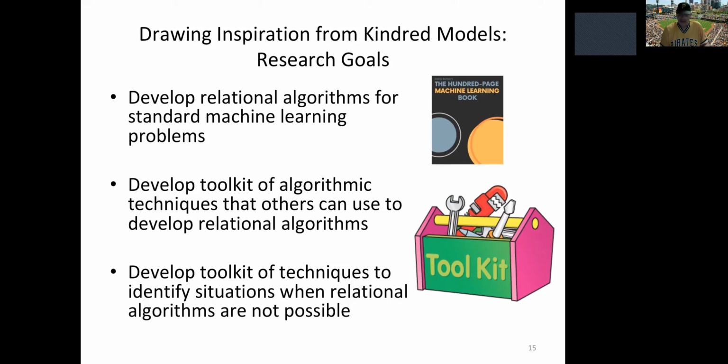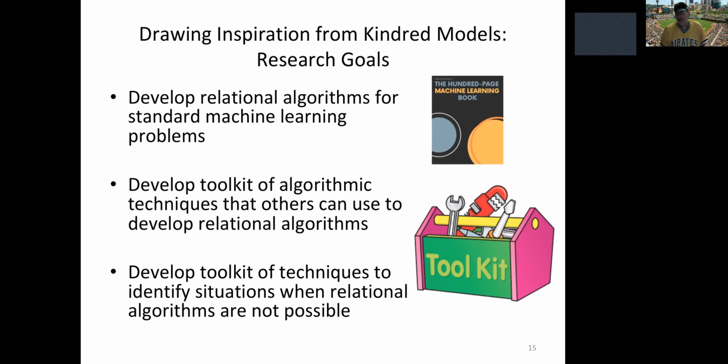All right. So our three research goals here are: develop relational algorithms for the standard machine learning problems. That's maybe the applied goal. And then from more of an algorithmic foundations perspective, we'd like to develop a toolkit of algorithmic techniques that we can use to develop relational algorithms.